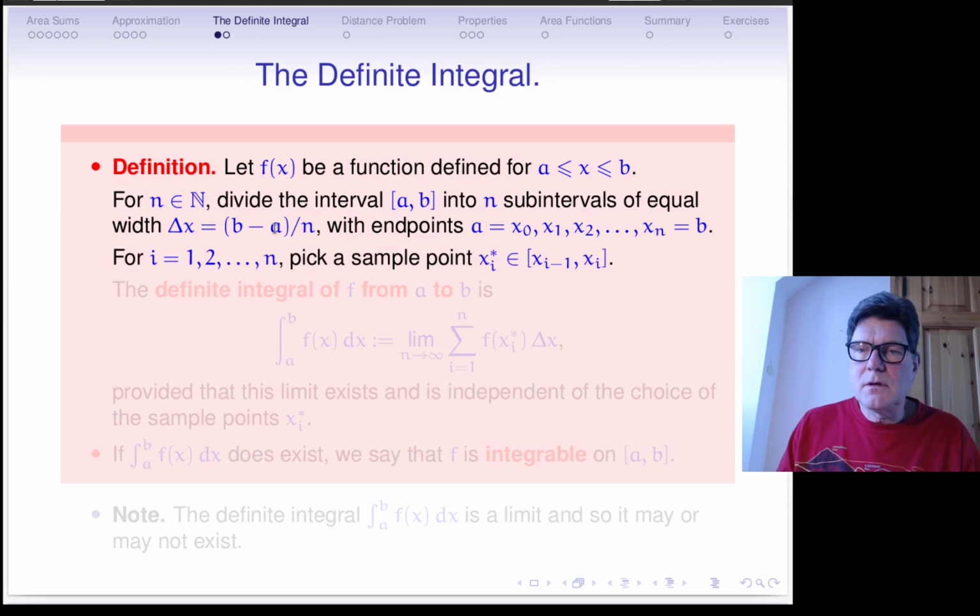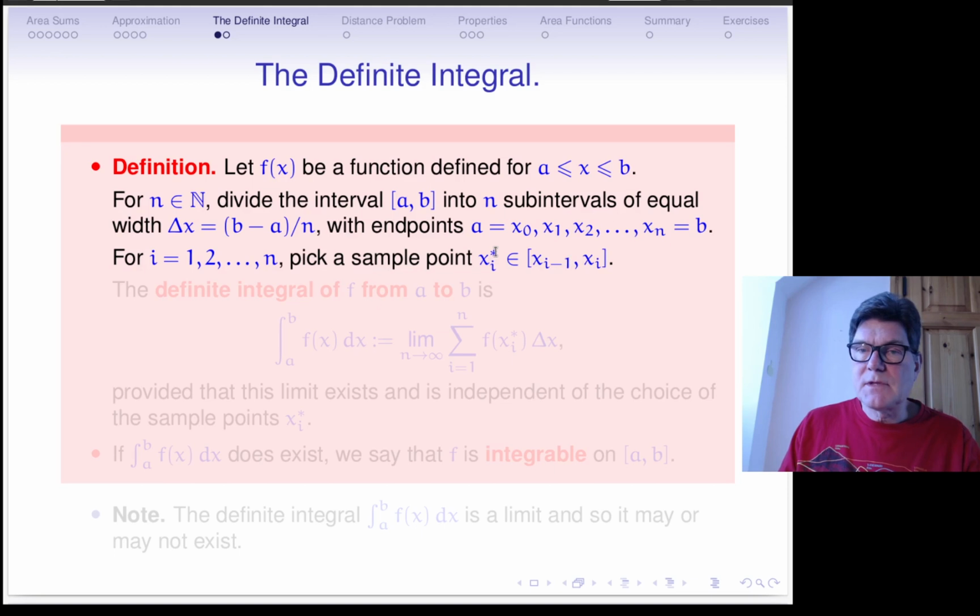Then, in a slightly more general procedure than what we looked at earlier, for each i between 1 and n, there's a sub-interval ranging from xi minus 1 to xi, and in this sub-interval we pick a sample point and call it xi star.